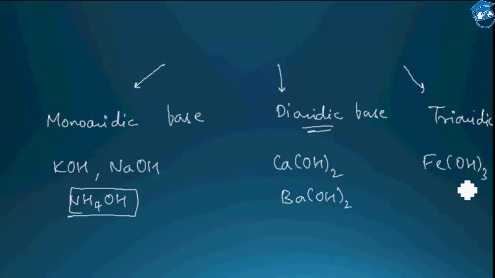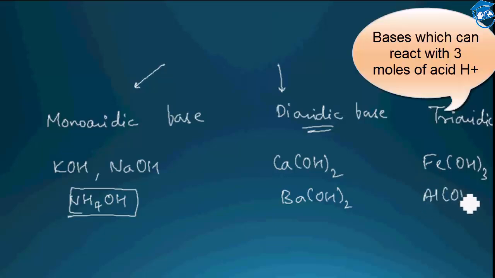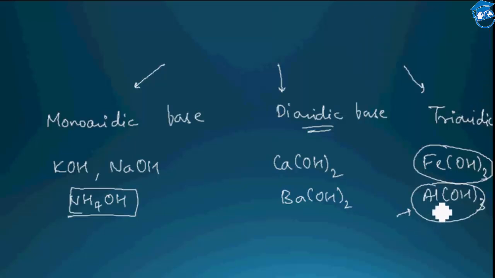They can furnish 3 OH minus when present in water. Aluminium hydroxide, Al(OH)3, has the ability to react with 3 moles of H plus ions, and hence it is a triacidic base.